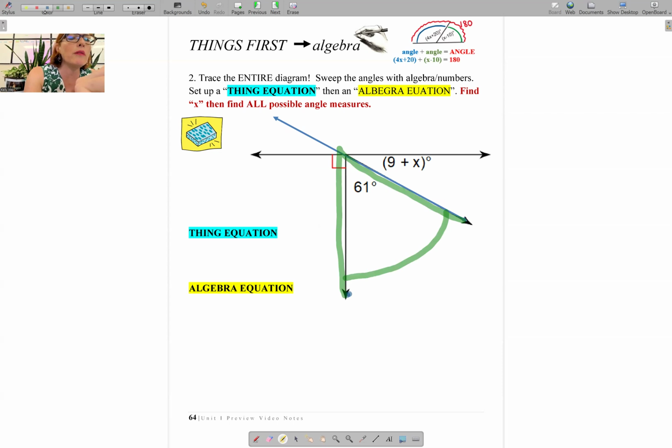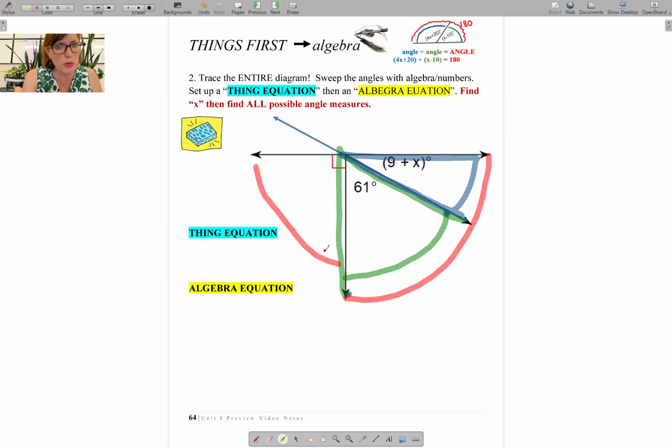So we sweep that one. Sweep that one. How about you sweep from here to here and then sweep from here to here? You can feel we got a straight line. That's a little 90 degrees, which means from here to here, it's also 90.